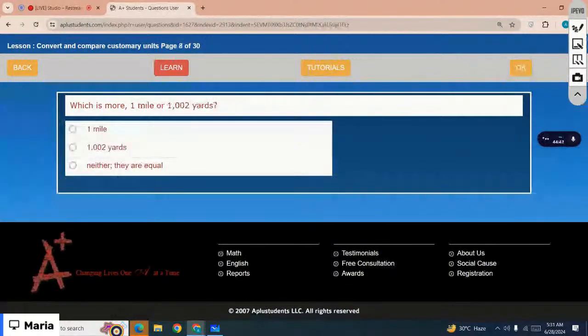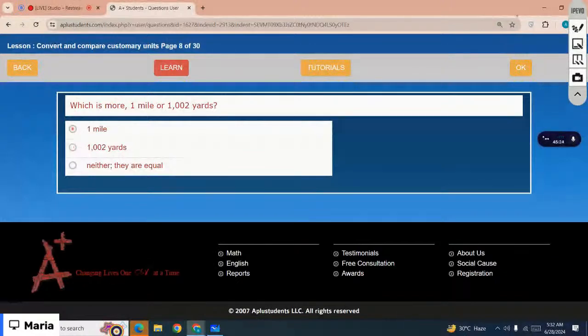Which is more, 1 mile or 1,002 yards? Which is the correct option? 1 mile equals 1,760 yards, right?